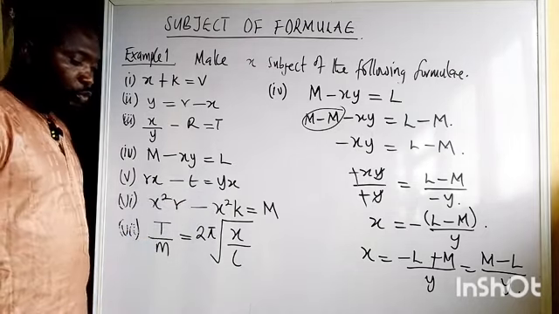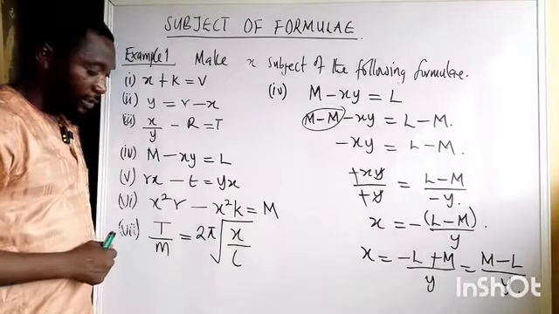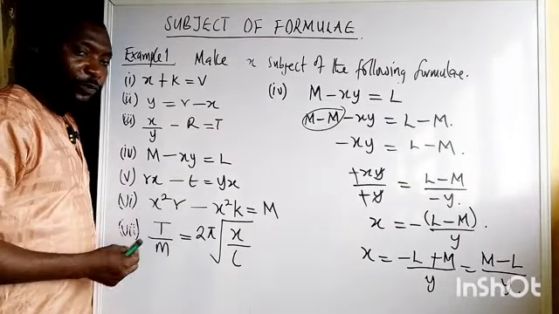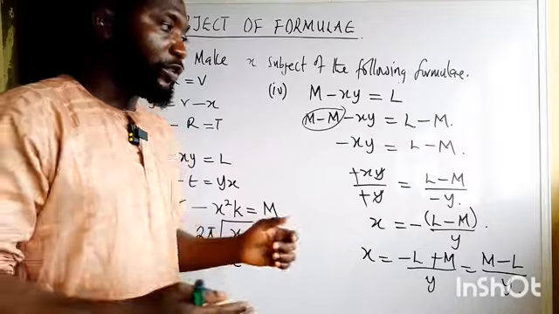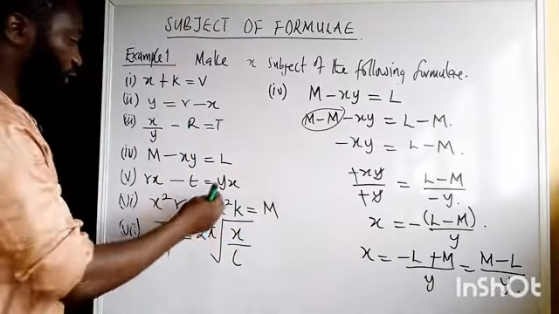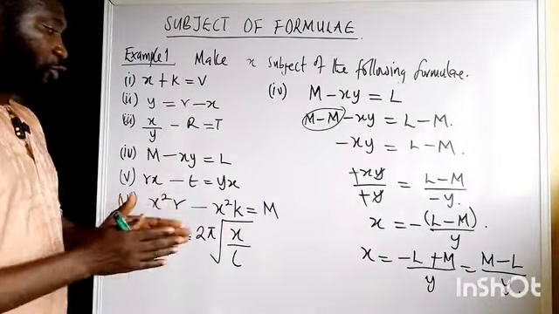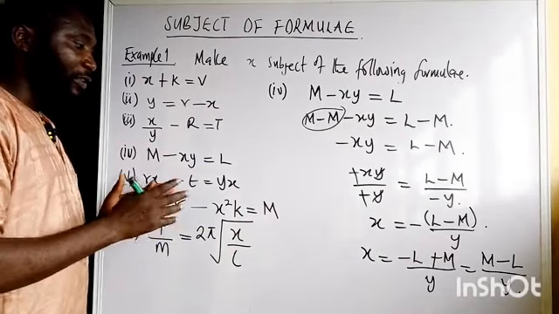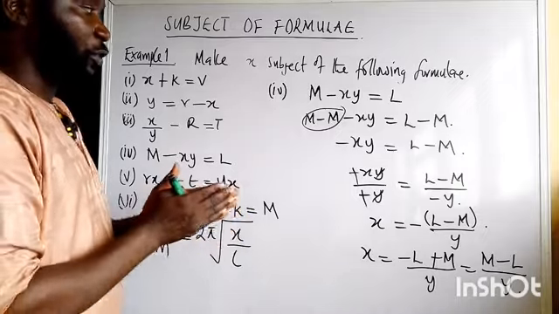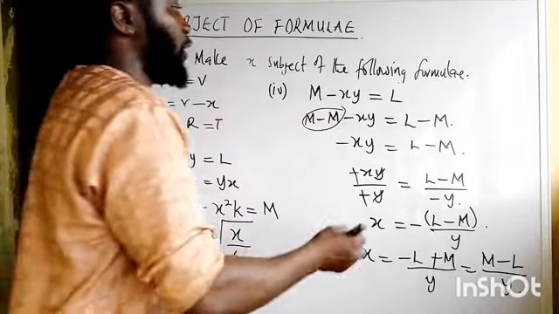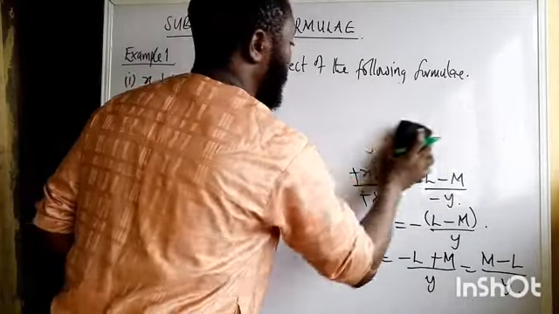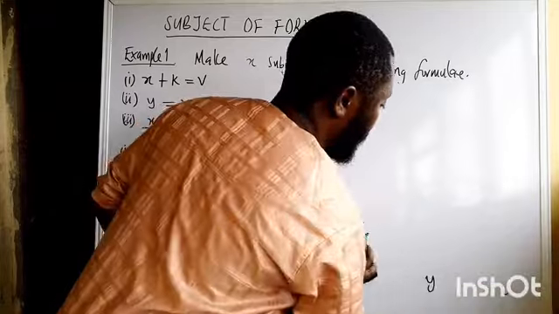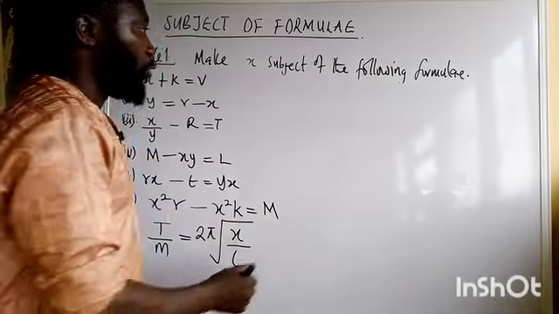Now, to make x subject here, you have to first bring x together. Those places where you have x, you collect the like terms. You bring them together. Those ones without x, let them be on one side of the equality sign.